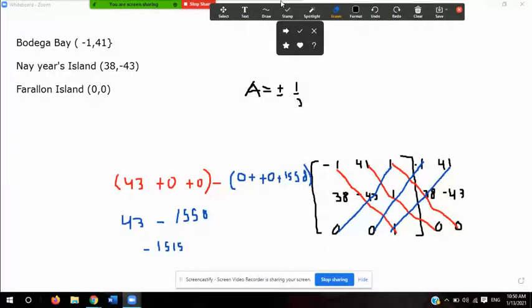So now that I've found the determinant, I'm going to find the area, and that equals negative 1,515. Now we're going to multiply that by 1/2.